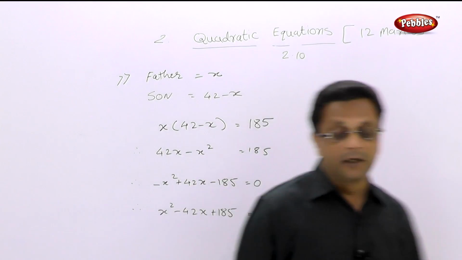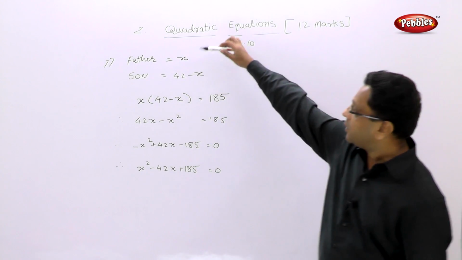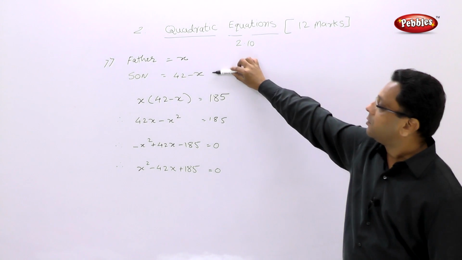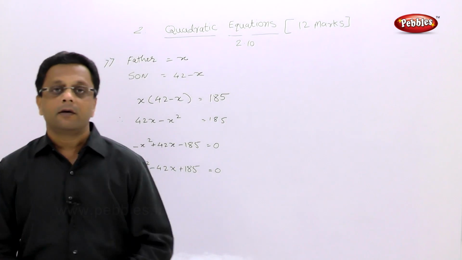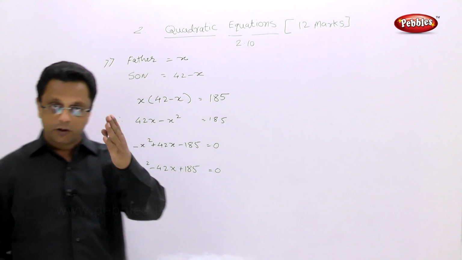A simple quadratic equation which when you solve, you will get the value of x, which is the age of the father, and then by using this you can get the age of the son. So pause your video here and solve this equation to get the value of x.